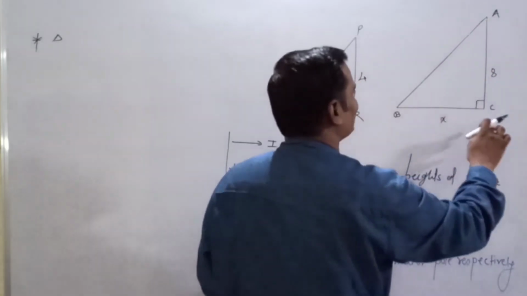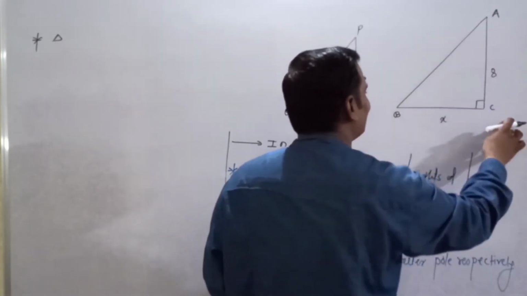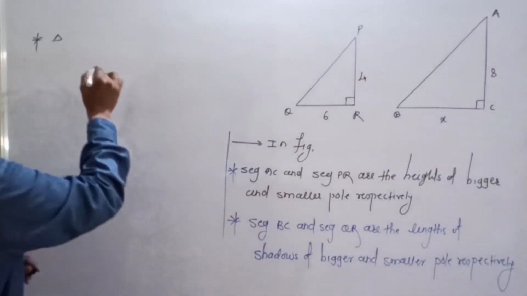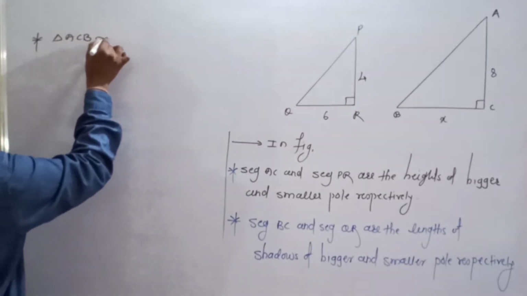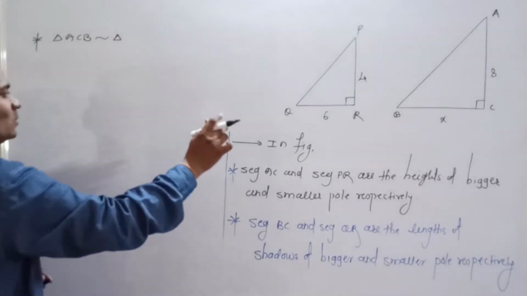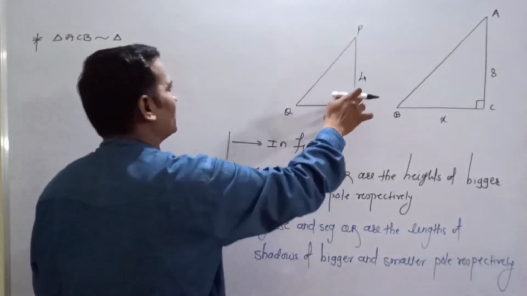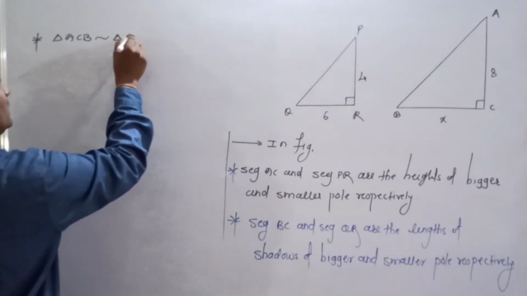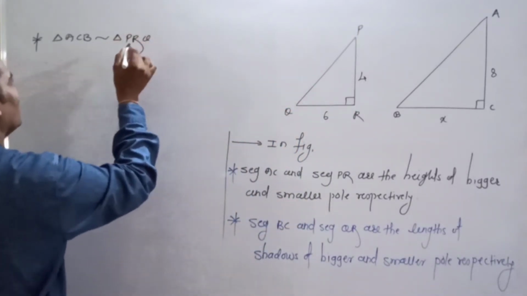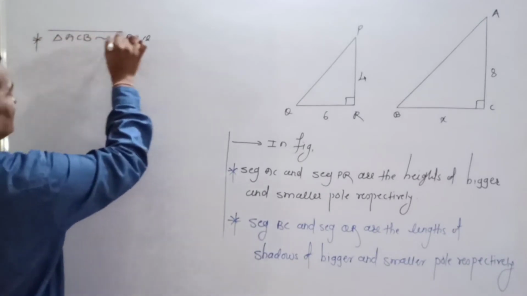Instead of taking A, B, C, we will take directly A, C, B, like that. So triangle ACB is similar to triangle PRQ, instead of PQR.